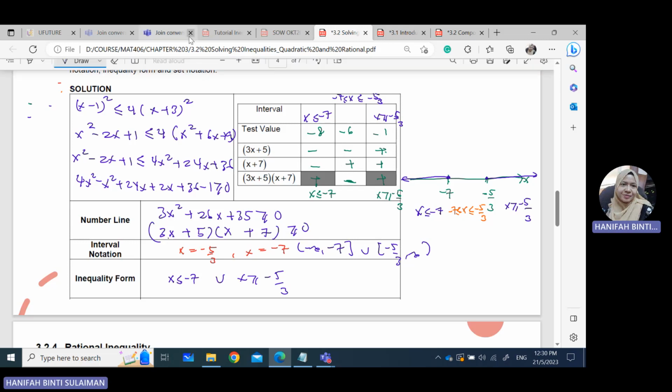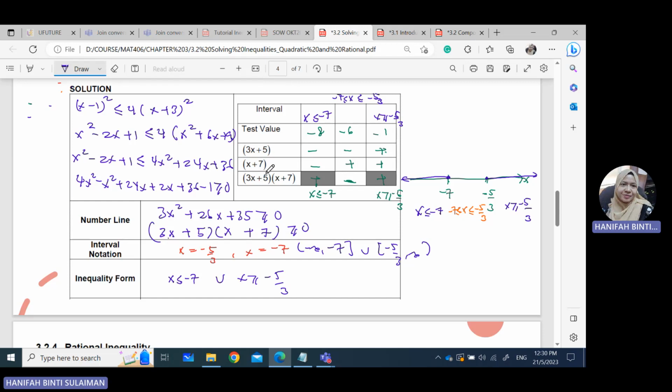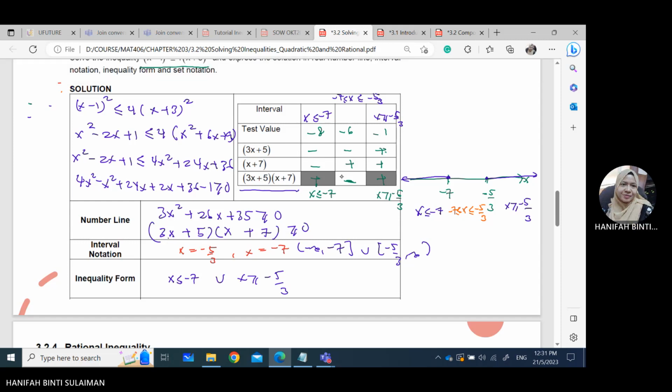So maksudnya negatif darab negatif sebab kita darab 3x plus 5 times x plus 7. So instead negative value, we multiply with negative value, we have positive. So untuk case yang ni, when x equals to negative 6, so for 3x plus 5, we have negative. And for x plus 7, we have positive. So negative times positive, we have negative. Kenapa times? Sebab dia adalah factorize kat sini. Factorization kat sini. Okay? Jelas? Boleh buat tak? Okay.